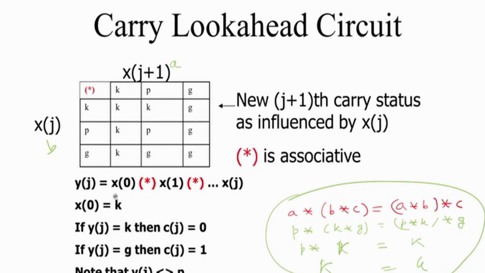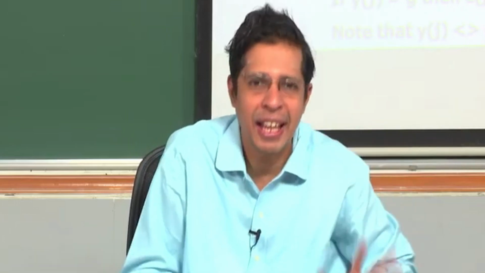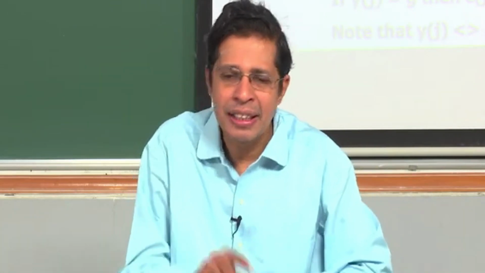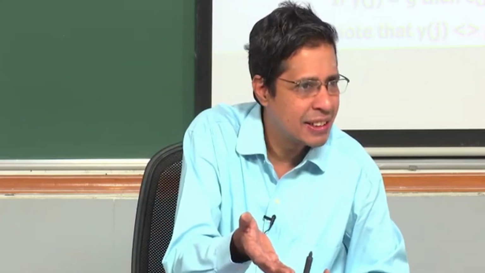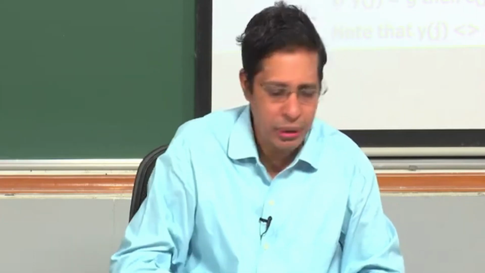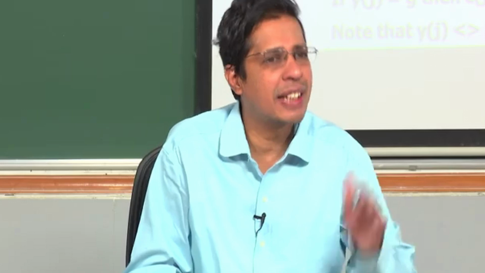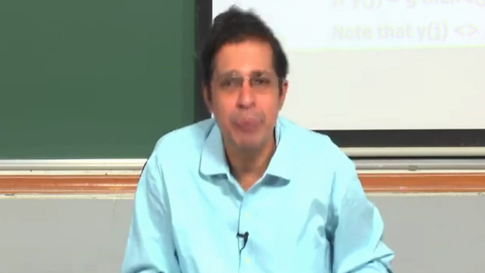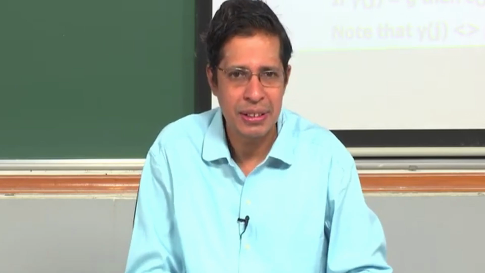The moment I have one k for sure in this, the other y values, because I am doing a prefix computation, this x0 will be involved in all the computations, and the x0 will surely give a k. So surely p will not come, it will be either k or, if intermediately you see a g, it will be g. So the y's that you calculate at the end will be either g or k, and it cannot be p. That is very, very important here.